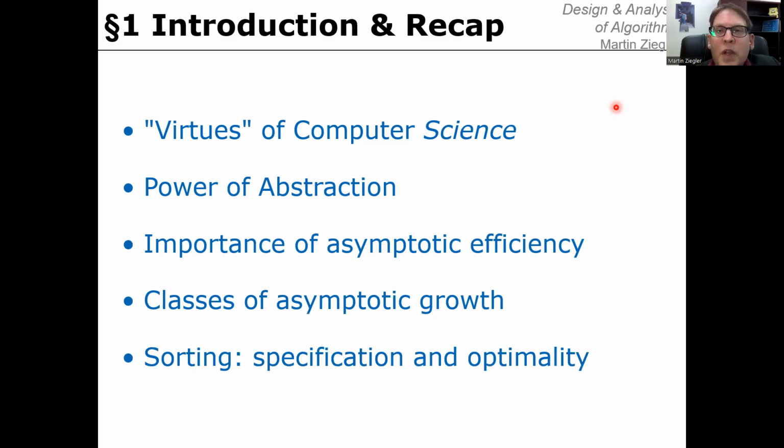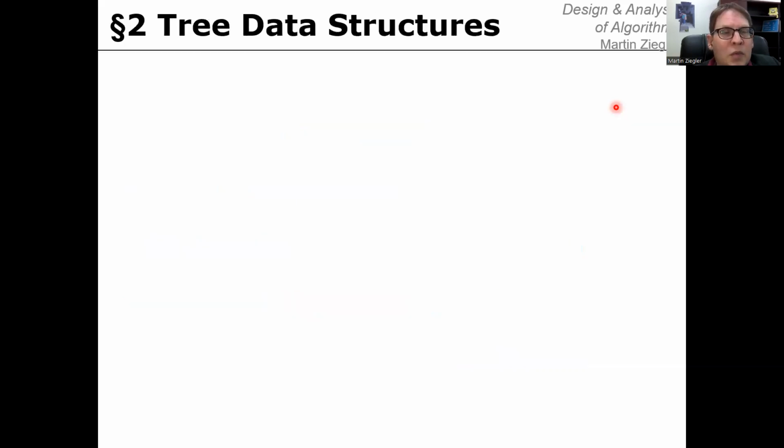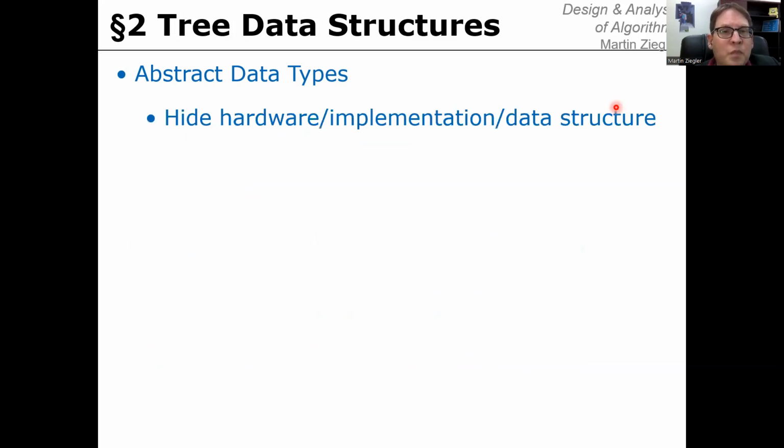That's chapter 1. In chapter 2, as you recall, we'll consider some data structures, data types, particularly tree data structures. We start with abstract data types, illustrating the importance of abstraction, which hides hardware and implementation details.